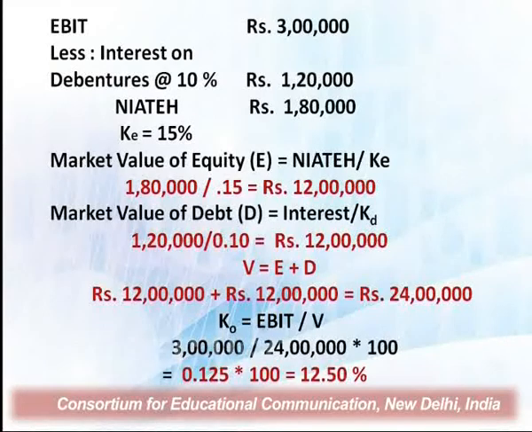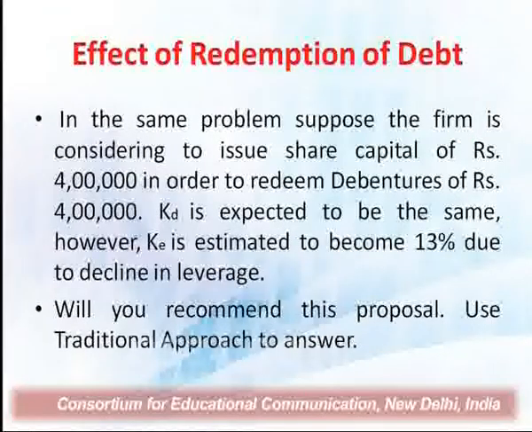Suppose moving ahead, we are going to make some change in this given question, and we are trying to understand the effect of redemption of debt in the same question. In the same problem, suppose the firm is considering to issue equity shares of rupees 4 lakh in order to redeem debentures of rupees 4 lakh, which means that this particular issue is with the purpose to redeem the debentures, right?